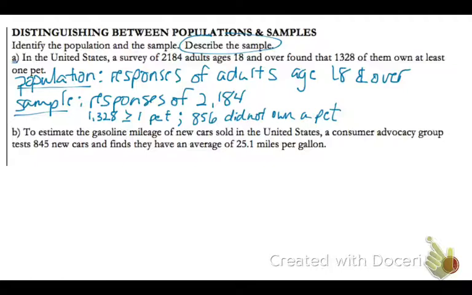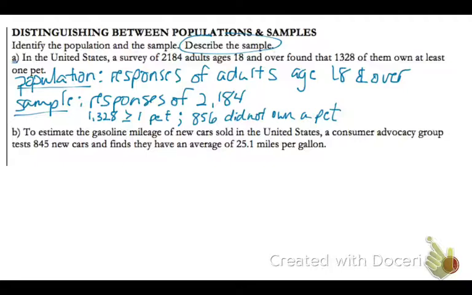So to estimate the gasoline mileage of new cars sold in the United States, a consumer advocacy group tests 845 new cars and finds that they have an average of 25.1 miles per gallon.